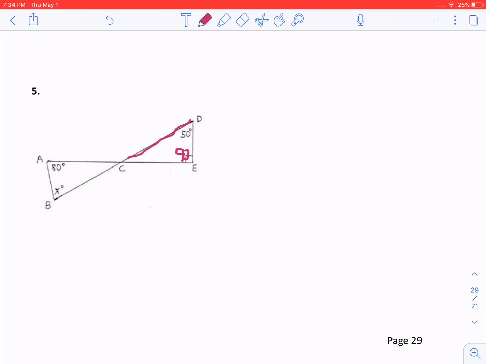So I'm just going to trace the triangle that I'm referring to. So this triangle right here, I'm going to find this value in the corner here. That's going to be my x. I'm going to set up an equation to solve for x by adding the three angles together. And I know they'll add up to 180.